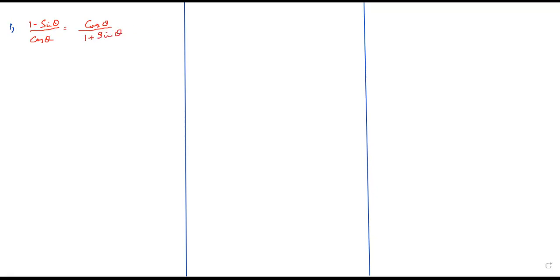Okay, so we'll take the left hand side: 1 minus sine theta divided by cosine theta. You can take the right hand side as well to solve this question.